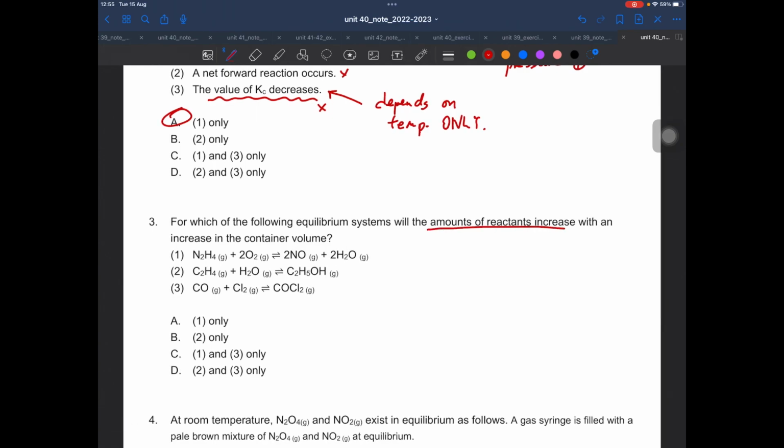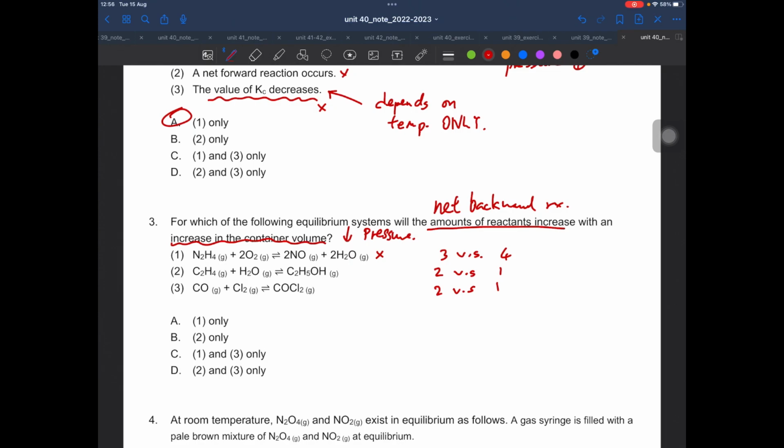The second one is amount of reactant increase, that is net backward reaction, right? Increase volume, that is decrease in pressure. The first one is no, because it's 3 versus 4. It's 2 versus 1 and 2 versus 1, number of moles.